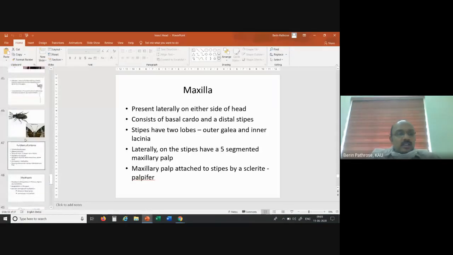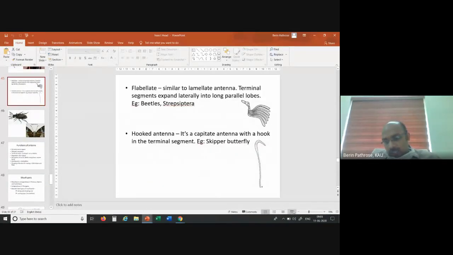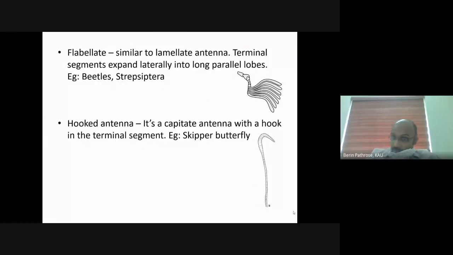The first one is flabellate antenna. Can you see the screen? Yes, sir. Okay.